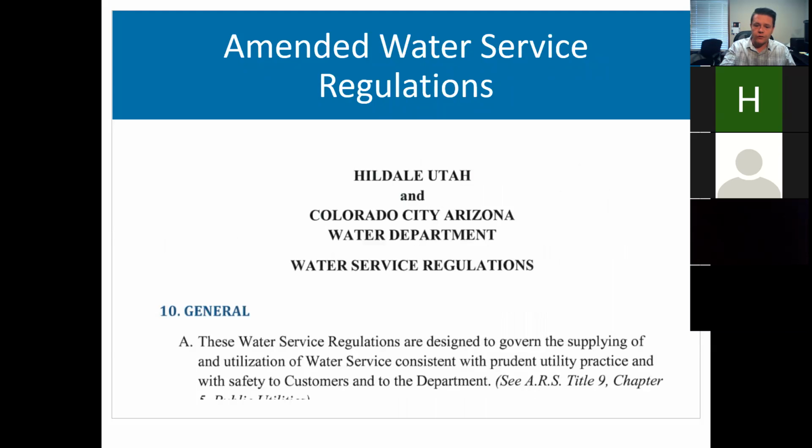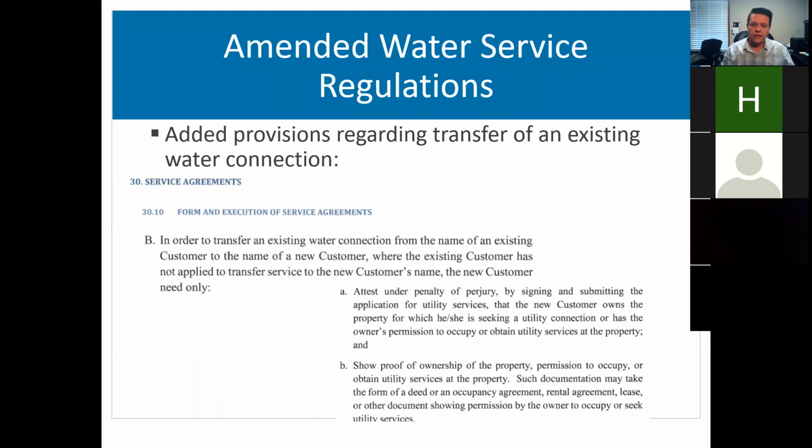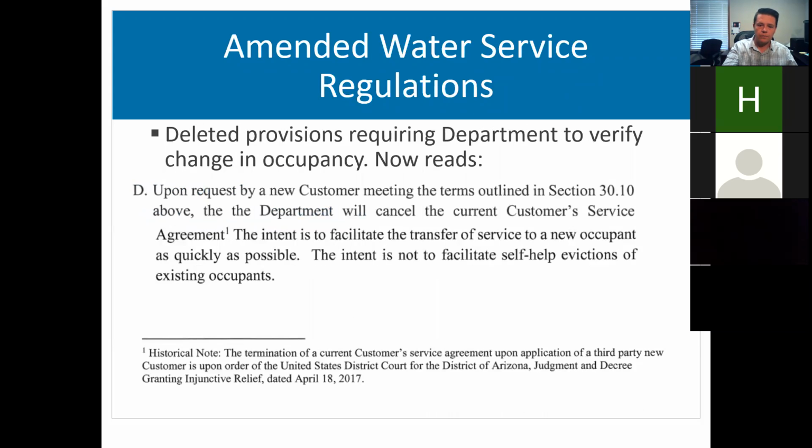The big thing that changed was this requirement that we allow customers to transfer service simply by providing a statement under perjury that they have the authority to ask for a utility connection or occupy the premises, and show proof either that they own the premises or they have permission to get utility services there. And there are specific terms spelled out in our water service regulations to enable that to happen.